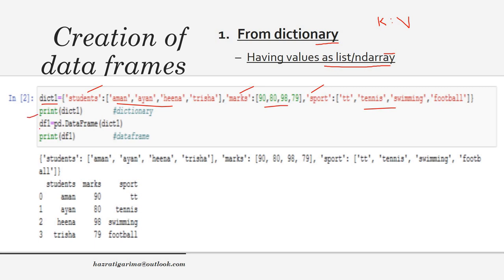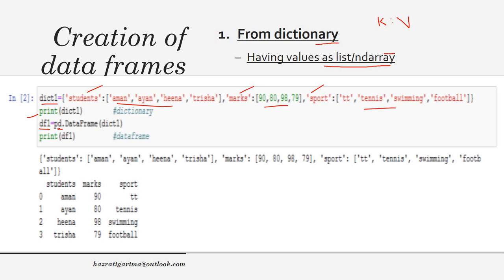After that, I'm creating a data frame object which is df1. I'm using the Pandas library because we all know that data frame and series are data structures of the Pandas library. Why am I writing pd over here? Because earlier I used the import command to import the Pandas library, which is import pandas as pd. So pd is used as a nomenclature for Pandas.